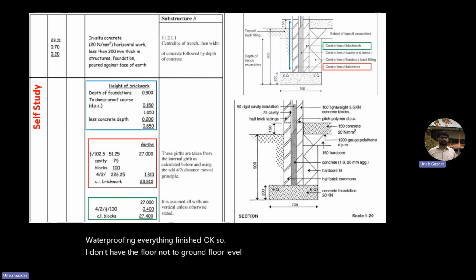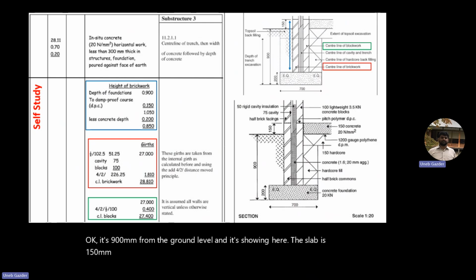So we have 900 millimeters from the ground level, and it's showing here the slab is 150 millimeters above the existing ground level. This is your DPC.